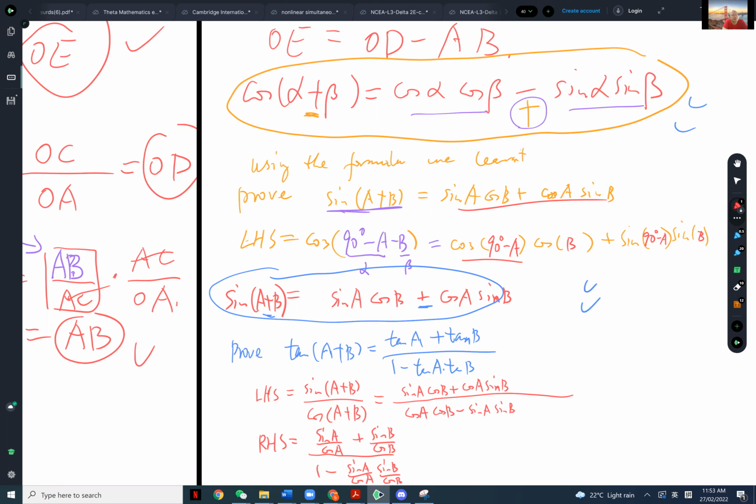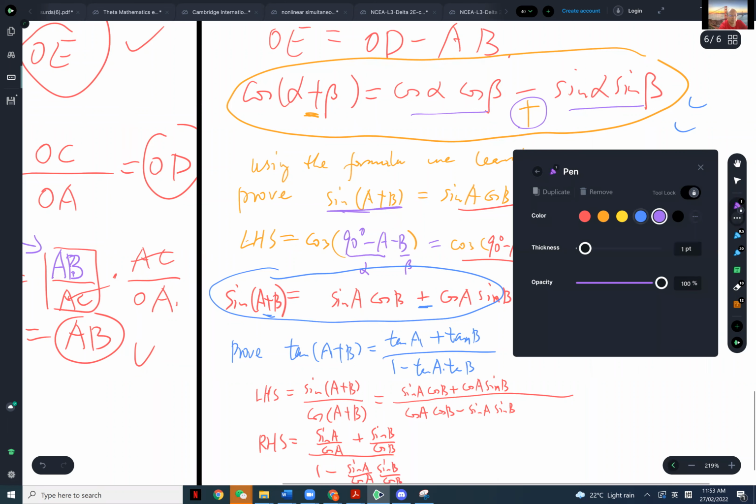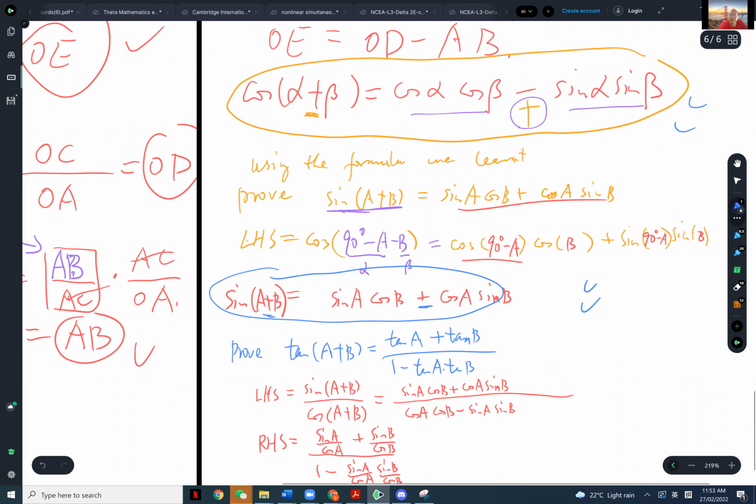Simplify a fraction in a fraction. We multiply by the common denominator.